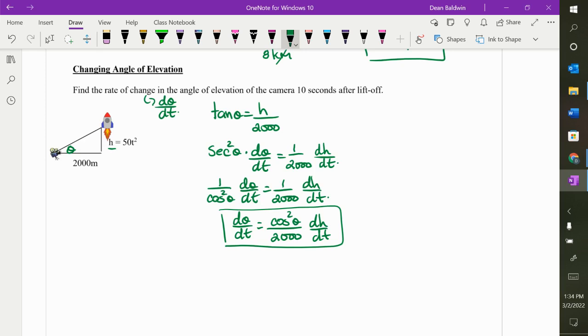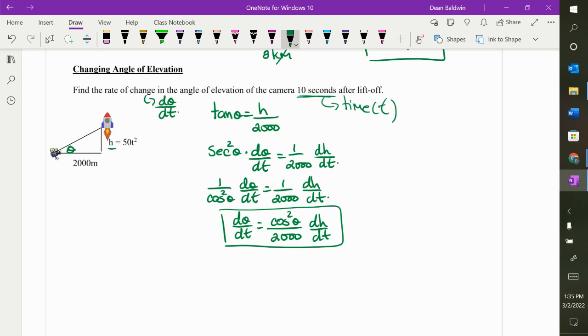Okay. So what do we do now? What other piece of information do I have? No, that's t, right? This is time. Time isn't even in our formula.